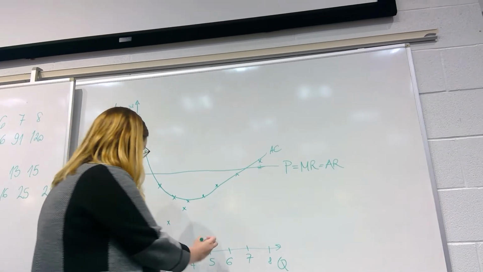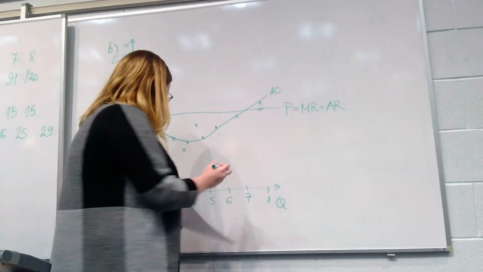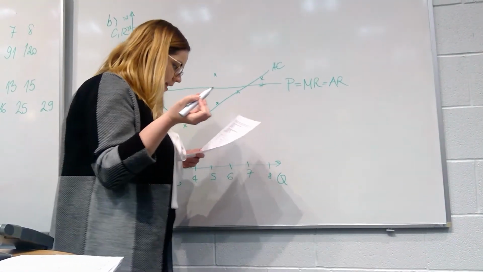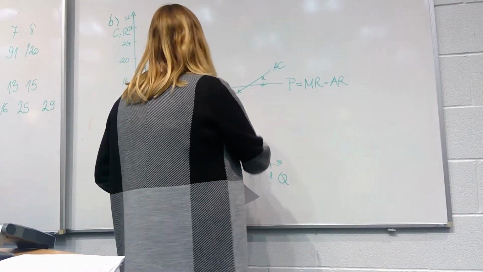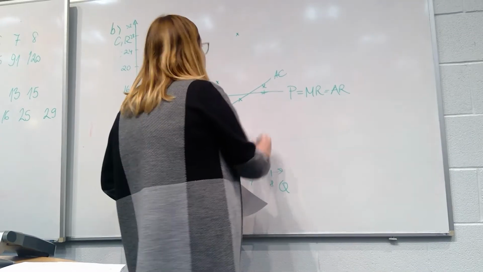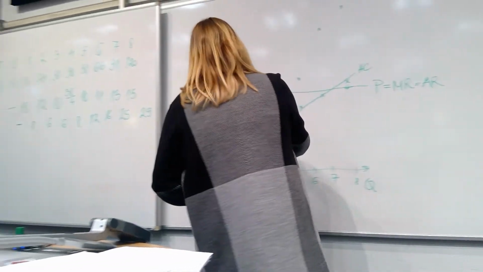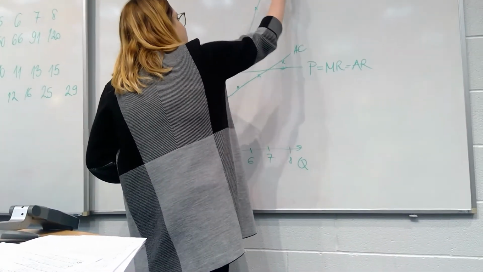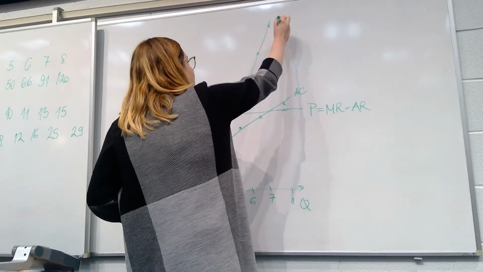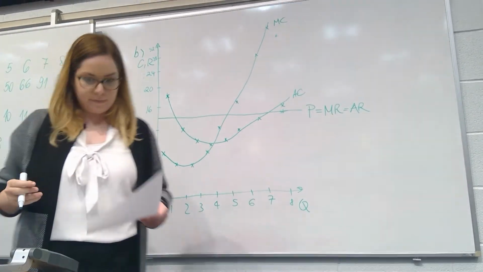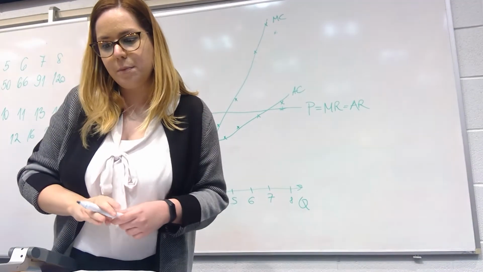Then our marginal cost is 12. Next, our marginal cost is 16. Then it's 25. And finally, it is 29. So our marginal cost curve should look something like this. So that is task under B solved.